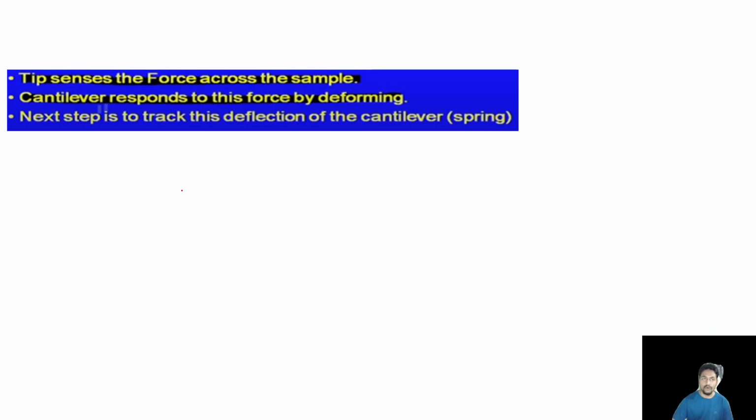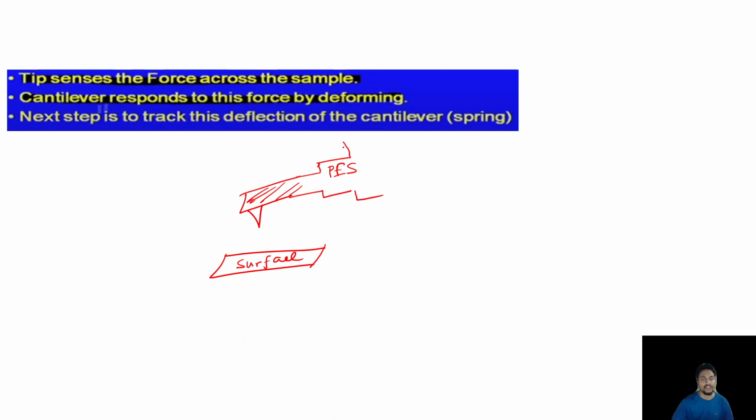Now, how this thing works: this is, let's say, my surface, and this is the tip and cantilever combo. This is a cantilever, and it is inside some kind of piezoelectric scanner, which is inside the whole instrument, at a position where the tip is mounted.